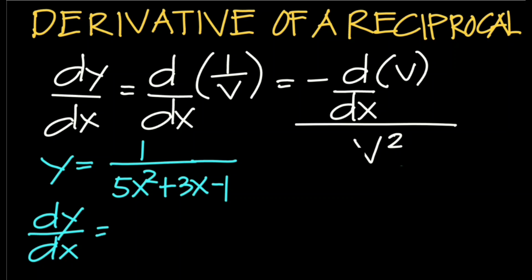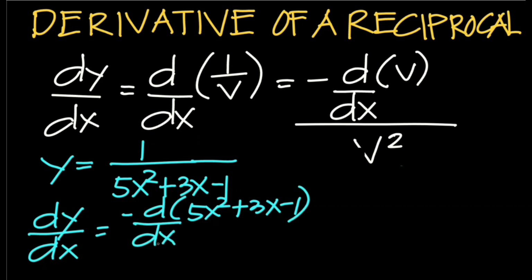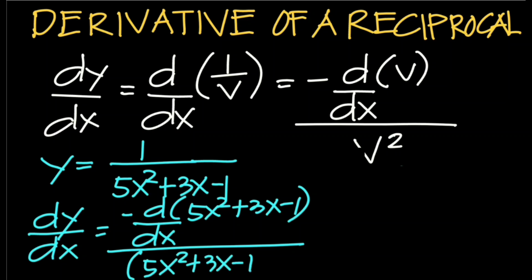So this is just equal to the negative of the derivative of v. V here is 5x squared plus 3x minus 1 with respect to x over v squared. So this is 5x squared plus 3x minus 1 squared.